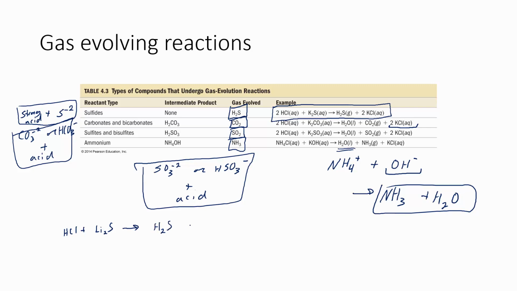So H2S plus whatever's left over, lithium and chloride. Now we just have to balance it. 2 of those, 2 of those. Good. And the gas is dihydrogen sulfide gas.